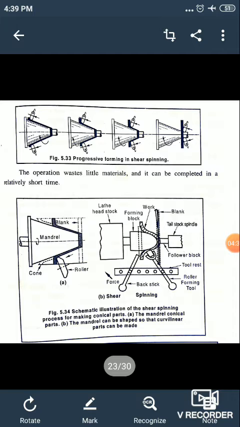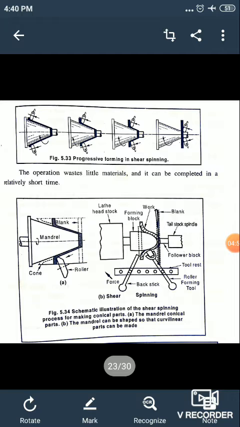Here we can use a single roller or two rollers. If we use two rollers, we can balance the force acting on the mandrel properly. Parts up to 3 meters in diameter can be formed by the shear spinning operation.